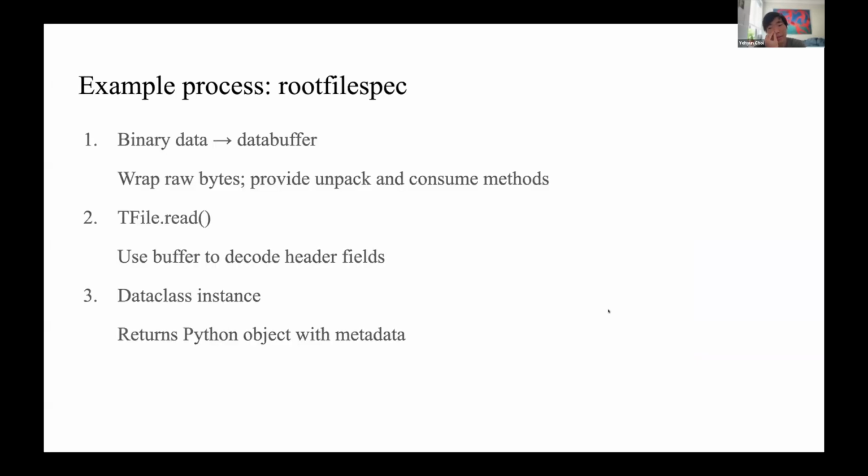So that's the technical background. Let's look at an example process. Let's say we have a binary root file. You start with raw bytes, and these are wrapped in a data buffer, which is immutable and keeps track of your position as you read through the binary file.